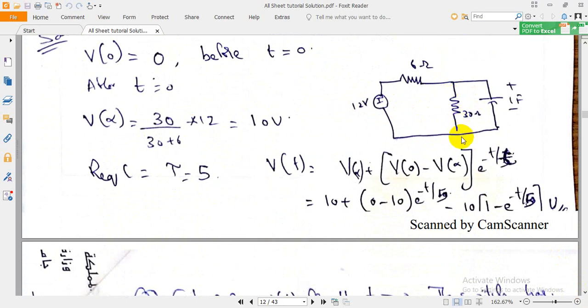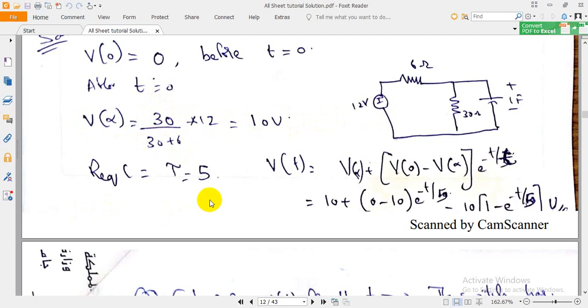Using the voltage divider formula, 30 is the resistance across which the voltage is found, divided by 30 plus 6, where 6 is the other resistance, into the total voltage. Total is 12. You will get V of infinity as 10 volt.